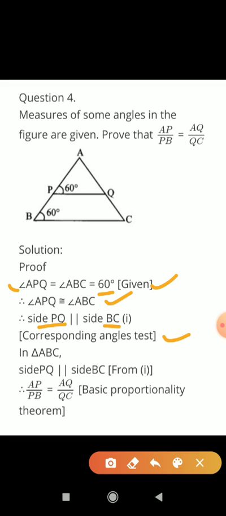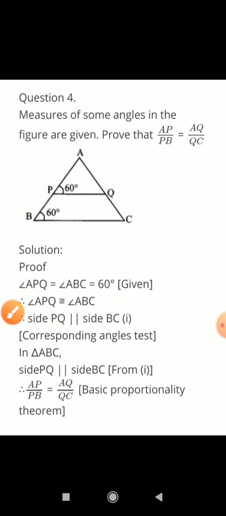Now PQ is parallel to BC, and therefore we can apply the basic proportionality theorem and write AP upon PB is equal to AQ upon QC, by the basic proportionality theorem. Thus we prove this.